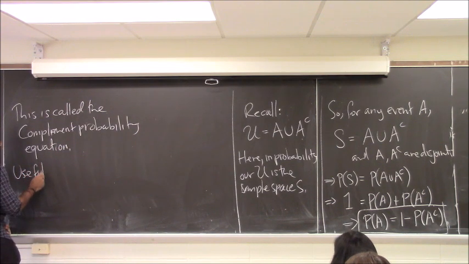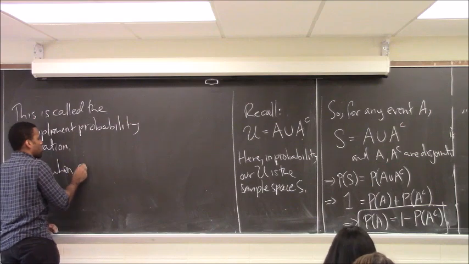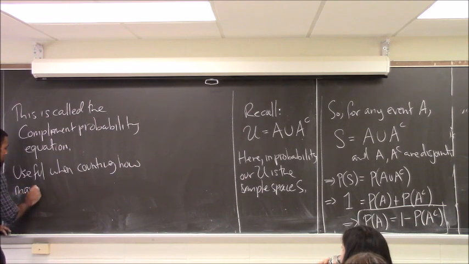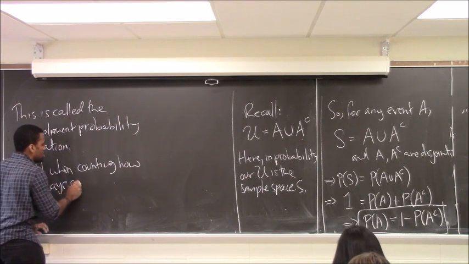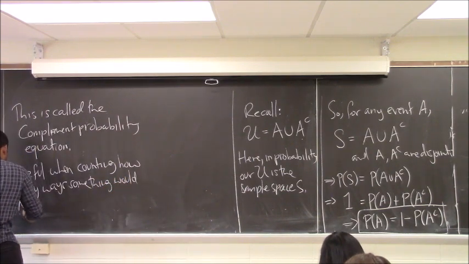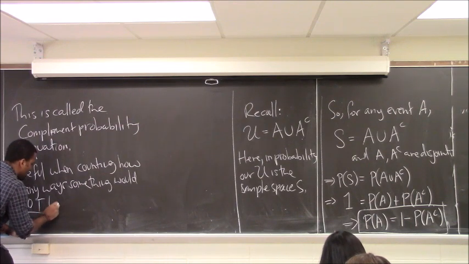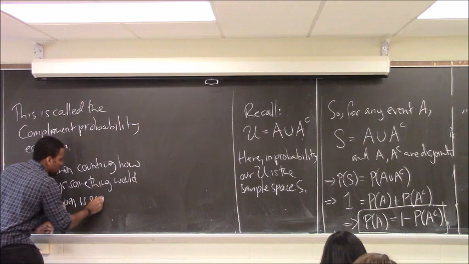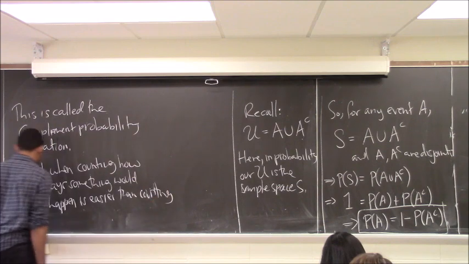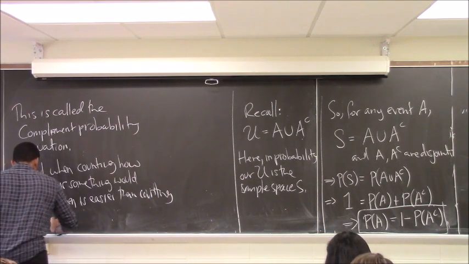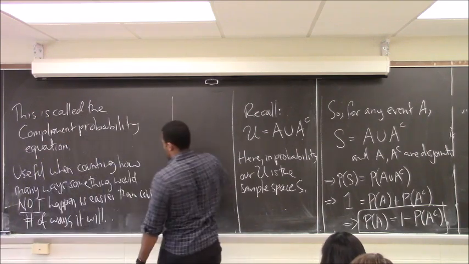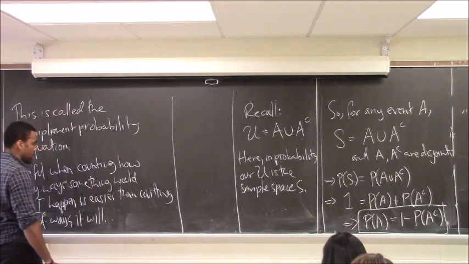Useful in counting how many ways something would not happen. It's easier than counting the number of ways it will. Maybe I'll give you a quick example of that one.